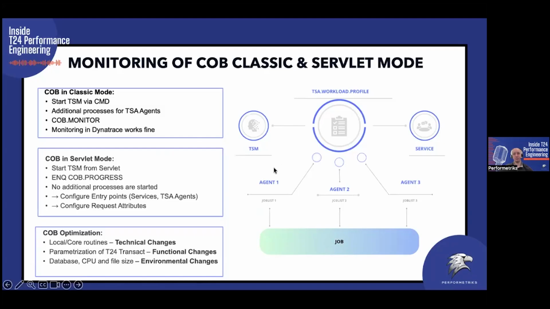So that's the traditional way we monitor this COB. COB is nothing but a combination of multiple batches. Like I said, each batch will have its own stages. This is just a root level diagram. COB is a combination of hundreds of jobs in a sequential way, so only one job will be running at a time.